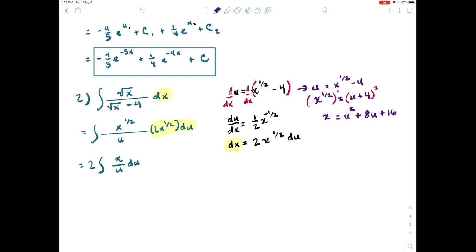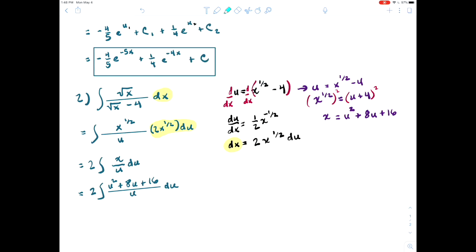Good so far? So now it's all going to be good because I will have 2 times the integral of u squared plus 8u plus 16 all over u with respect to u. So let's just show you some of the other substitutions we did.